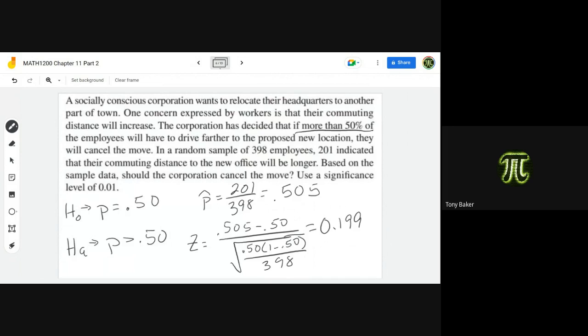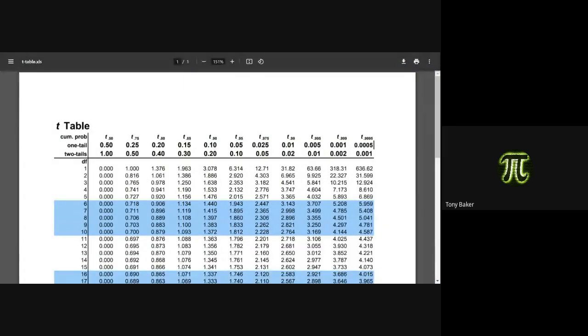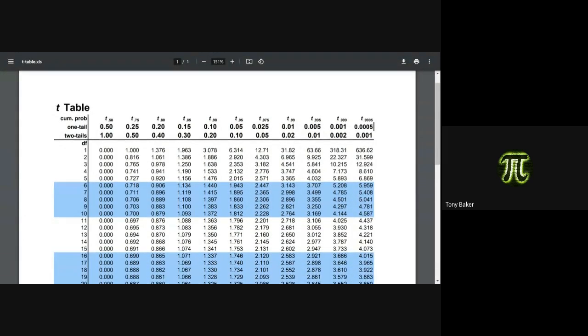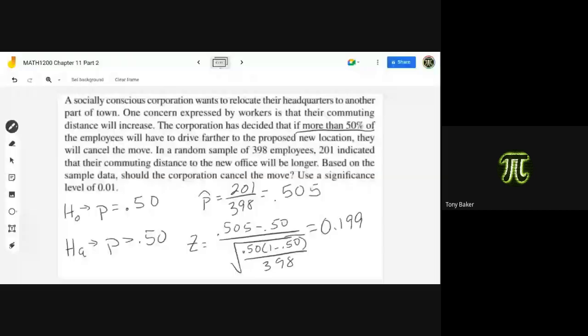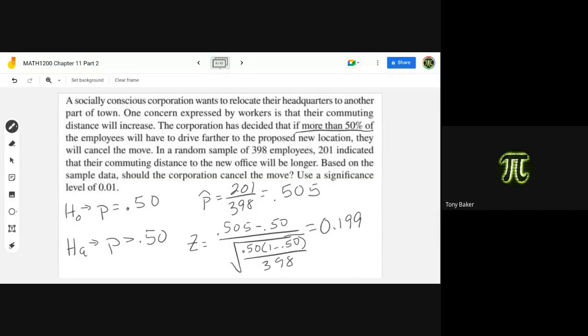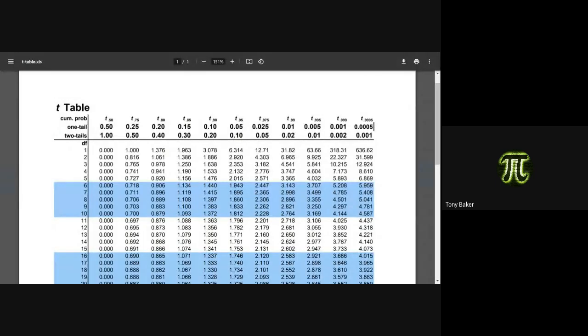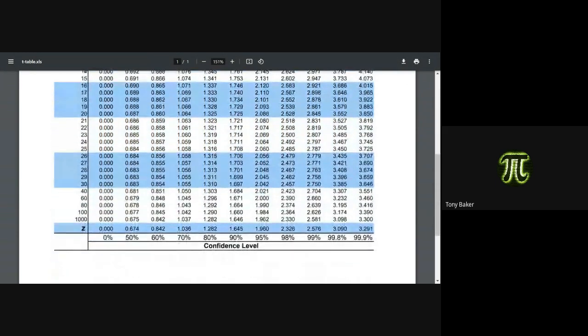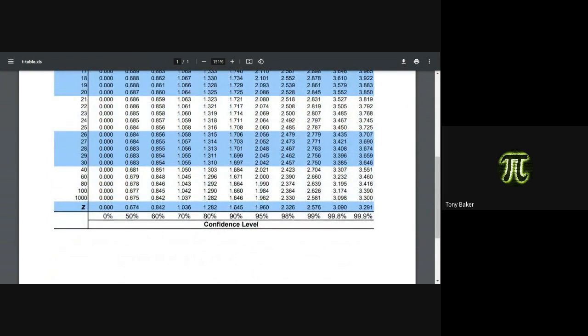We're using the Z, but we're going to do it on the T table because it's very nice to use for this stuff, and it has all the information we need. Is this one-tailed or two-tailed? It's one-tailed because it's greater than, so we're just looking at the one side. So we look at one-tailed for 0.01, and then go straight down that row, and it's 2.326.